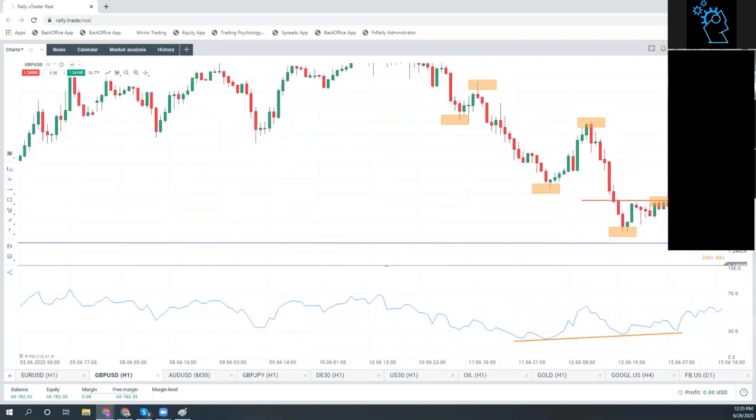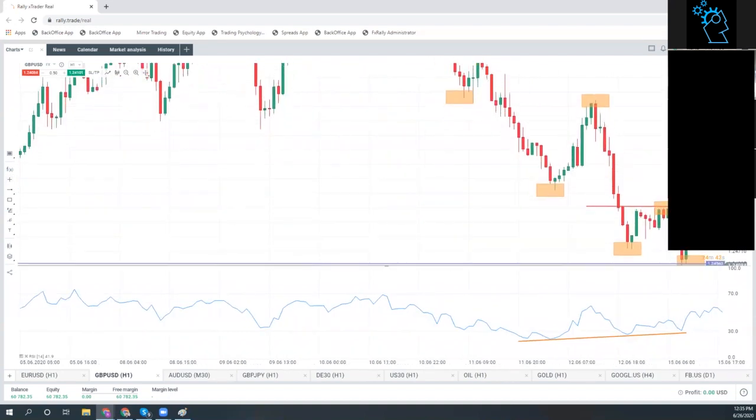Sorry for bubbling a bit. So lower low, divergence. Look what happens. We have here a higher high and a higher low. Now this is a very good area to find an entry for your trade.